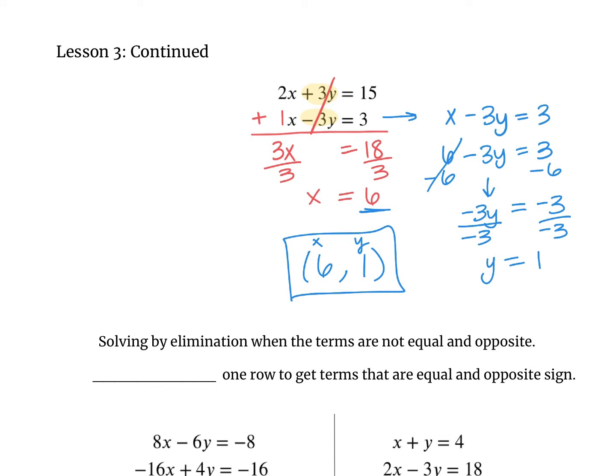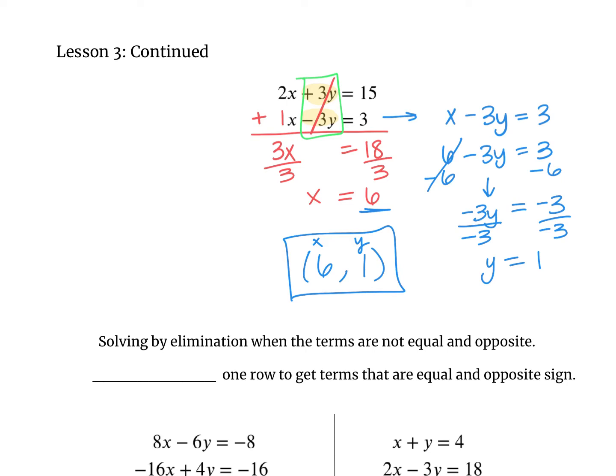Now we're going to be looking at systems of equations when our terms are not equal and opposite. Okay, so this first problem we did, we had these 3's here, this 3y and negative 3y. These terms were equal and opposite. So they had the same coefficient, but opposite signs. And that's what we've worked with so far.